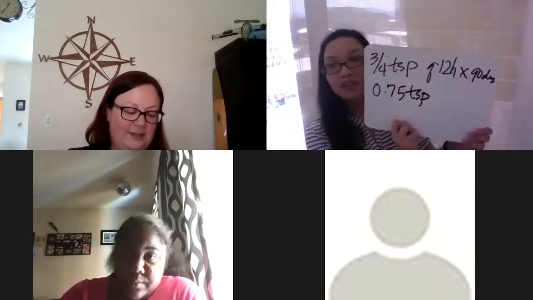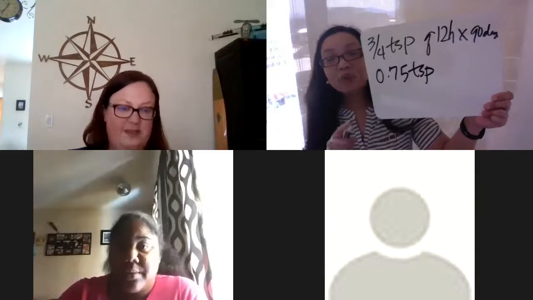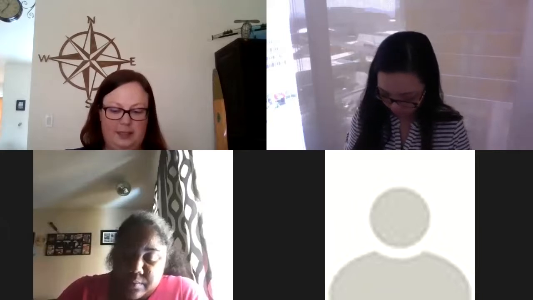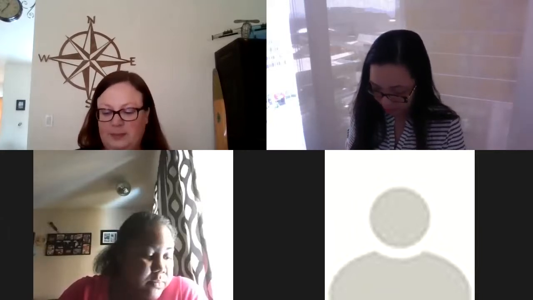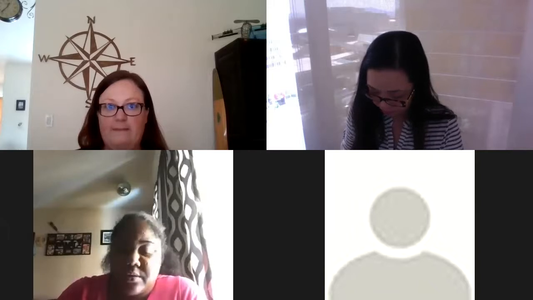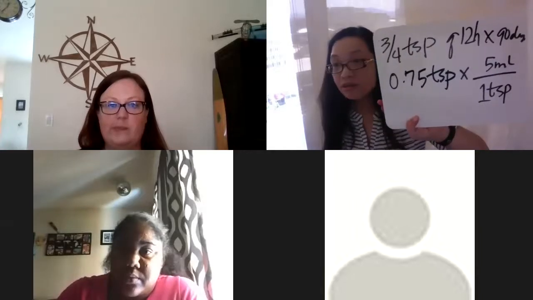We just converted the fraction into a decimal, right? Now we convert the 0.75 teaspoon to ml. What's the conversion? A teaspoon is 5 milliliters. Which means 0.75 times 5, that will be 3.75 ml. Catching on?